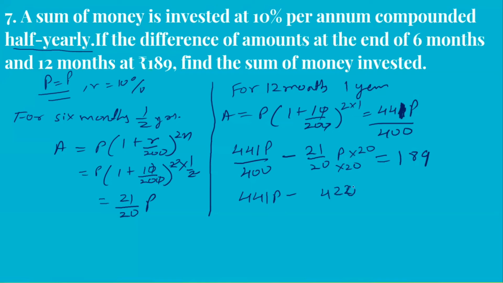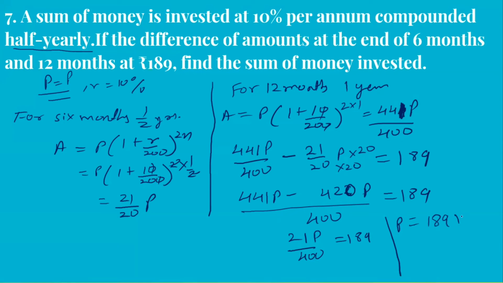It is 420p upon 400 is equal to 189. 441 minus 420, we get this as 21p upon 400 is equal to 189. So P is equal to 189 into 400 upon 21. On simplifying this, we get this as rupees 3,600. Got it? Okay.